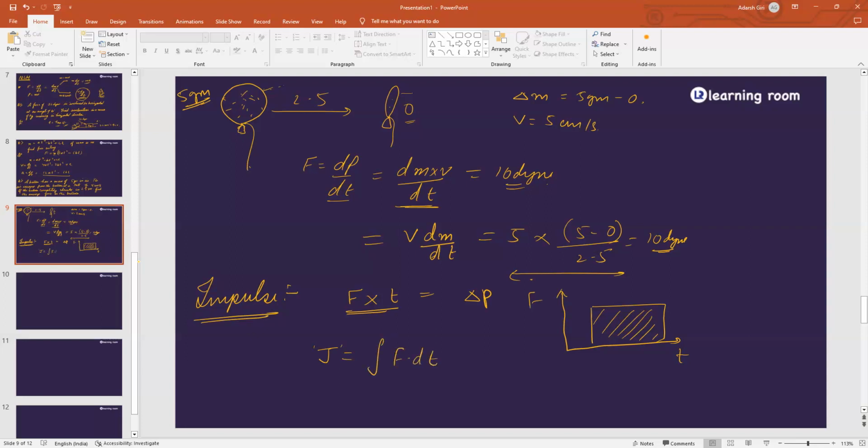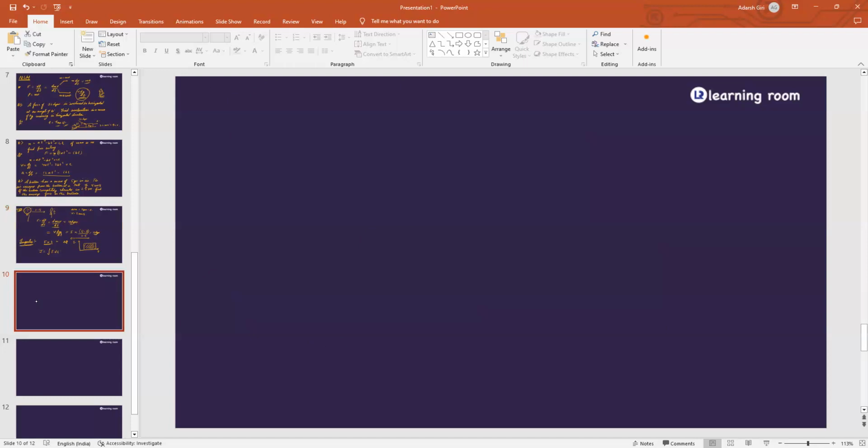If force is given in some time relation, for example, force is directly related to time as at, or whatever function it may be, you can integrate it to get the impulse with respect to time. So these are a few methods through which you can calculate the impulse. Let us solve some questions related to it.